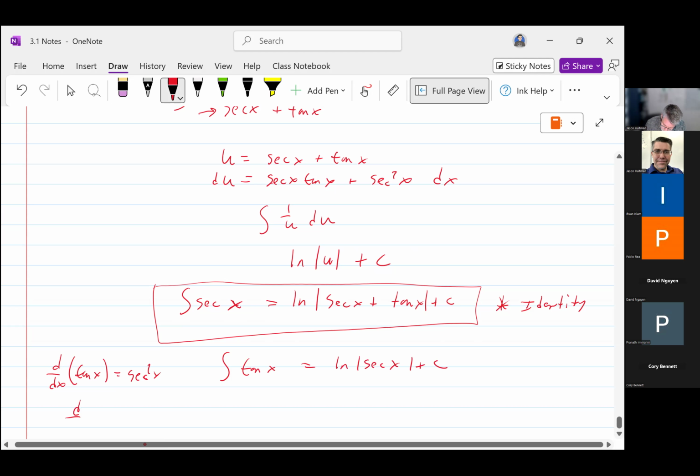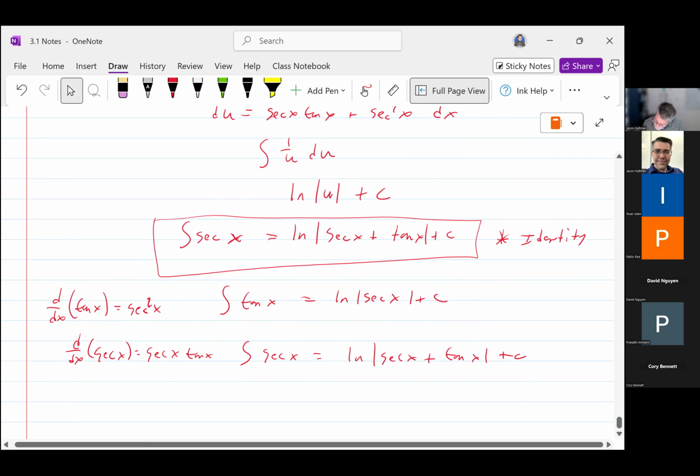The derivative of secant x is secant x tangent x, and the integral of secant x is equal to the natural log of secant x plus tangent x plus c.